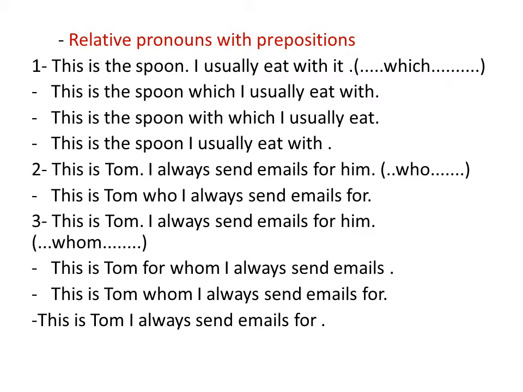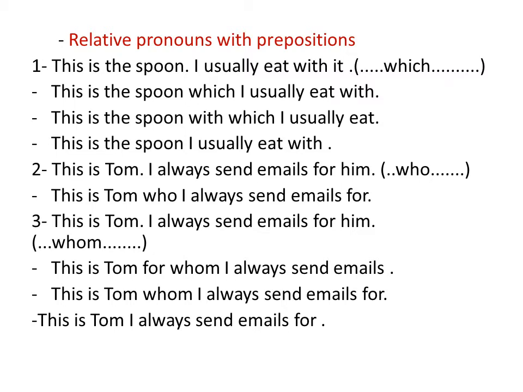So we will omit the object pronoun him, and we will put who after Tom in the first sentence, which him refers to. So the answer will be, this is Tom who I always send emails for. And we will keep the preposition in the same place as it is written in the main sentence.